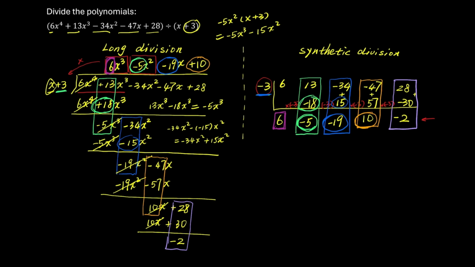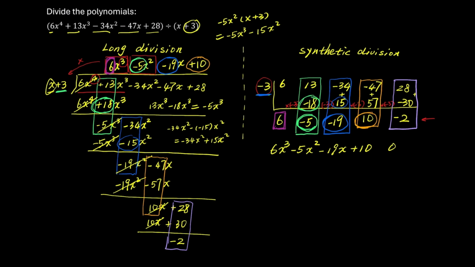Okay, because our original polynomial was a 4th degree polynomial, we have x to the power of 4, then the quotient will be a 3rd degree polynomial. It's going to start from exponent of 3. So we have 6x cubed minus 5x squared minus 19x plus 10.